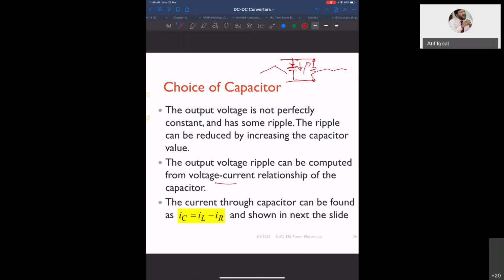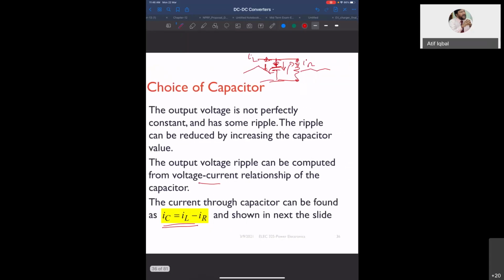The amount of charge that it takes in should be equal to the charge that it gives back. So the current through the capacitor is IC equal to IL minus IR. This is your IL, inductor current, this is your capacitor current, and this is your resistance current. If you apply KCL, you get IC equal to IL minus IR.